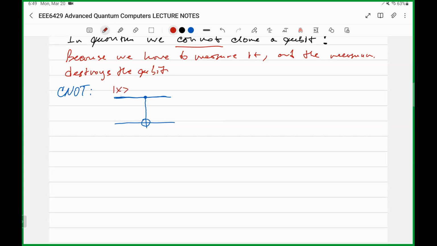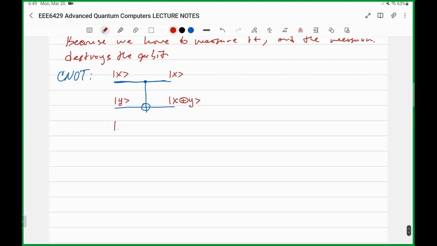If I have some state x in the control, of course, control doesn't change. So I have the same state in the output. But my input, let's suppose I have input like y. Then my output in the target qubit will be what? It will be x plus y, right?